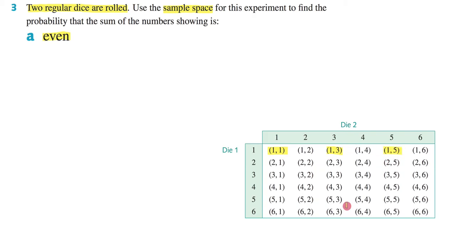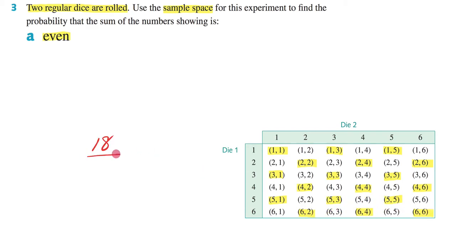And you could just do this for the whole sample space. What you're going to find is that these are all going to be even, the ones that I'm highlighting. Hopefully you should start seeing a bit of a pattern emerging. Then you'd count up everything that I've highlighted: 1, 2, 3, 4, 5, 6, 7, 8, 9, 10, 11, 12, 13, 14, 15, 16, 17, 18.